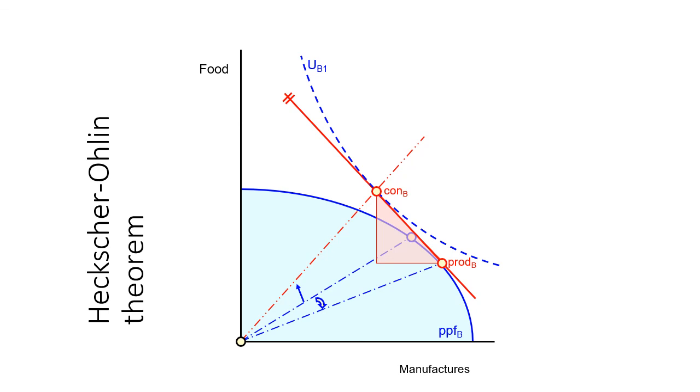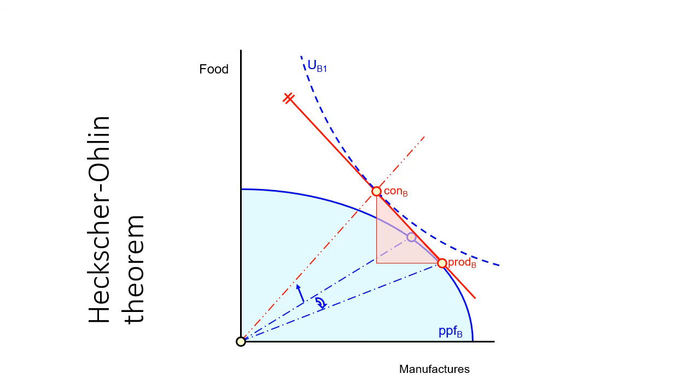What does it mean from a consumption point? The price of manufacturers is increasing relative to the price of food. What does that do for consumers? For consumers, what they do is they're going to buy the cheaper product, the product that is becoming cheaper relative, or they're going to not buy the product that is becoming more expensive.